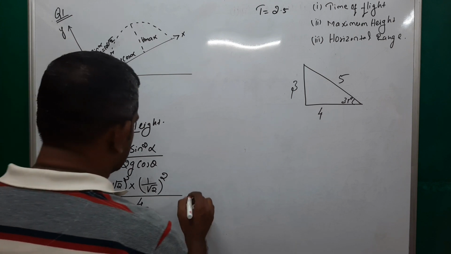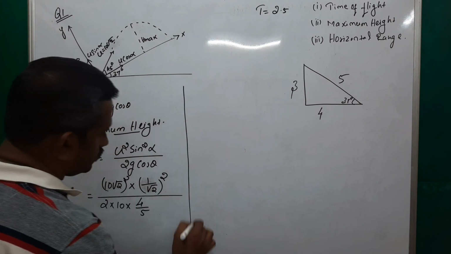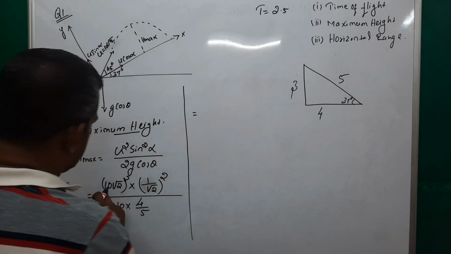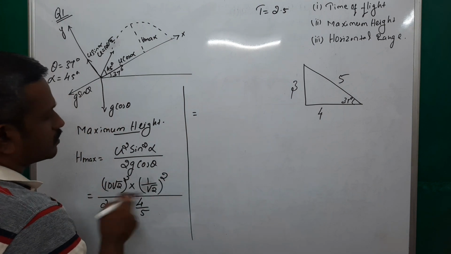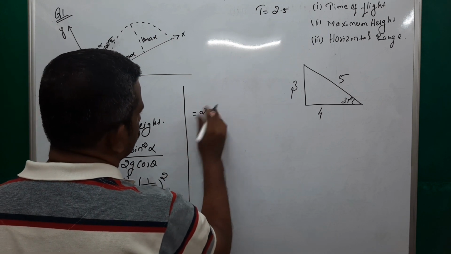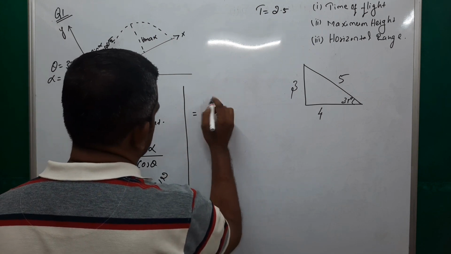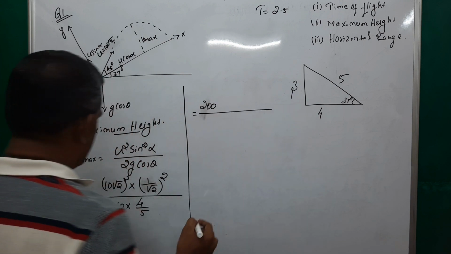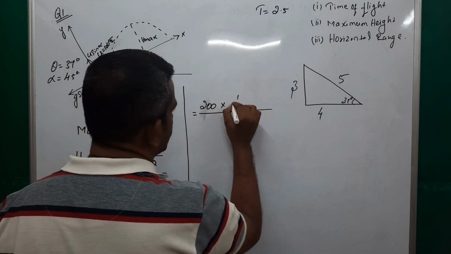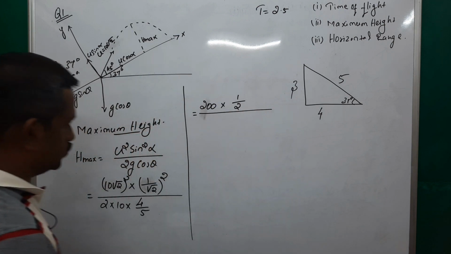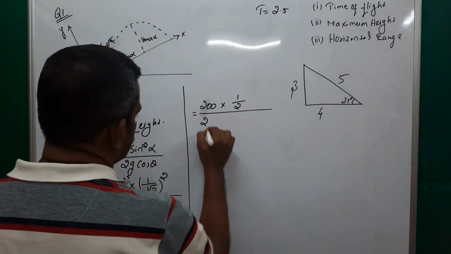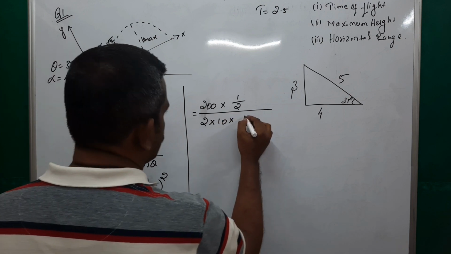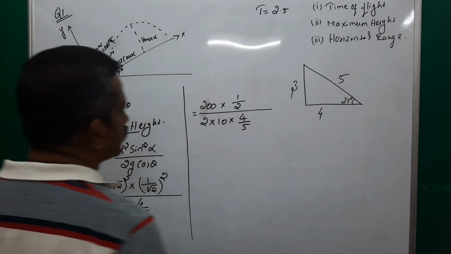So that's equal to 10 root 2 the whole square, that is 100 times 2, that is 200. So 200 into 1 by 2, divided by 2 into 10 into 4 by 5.